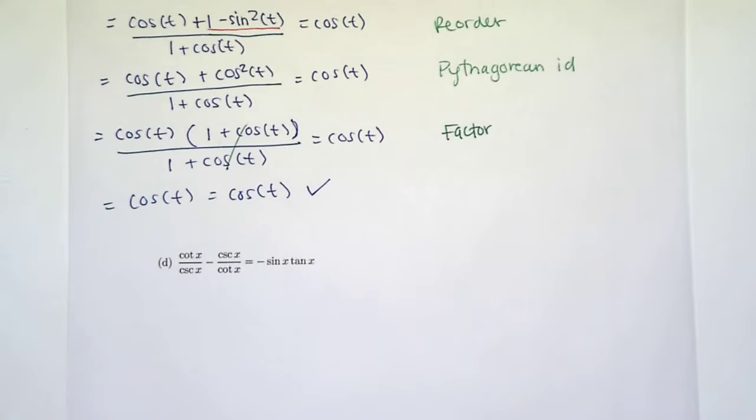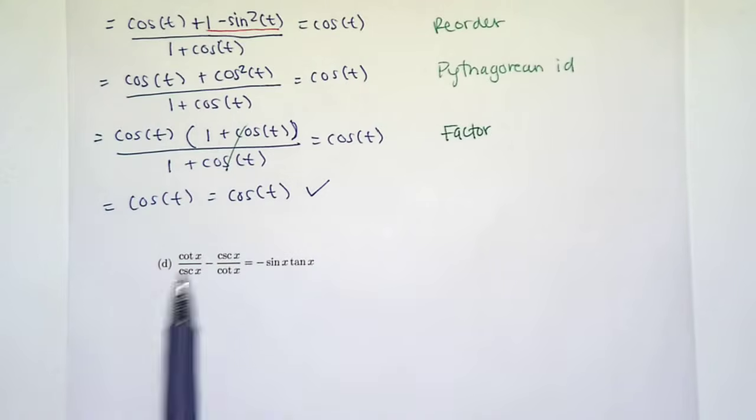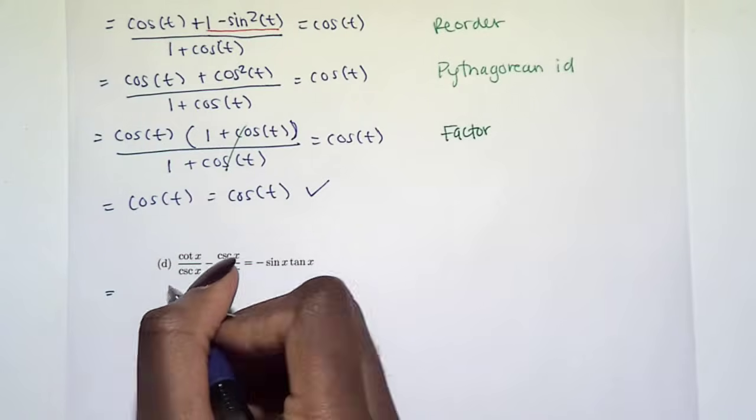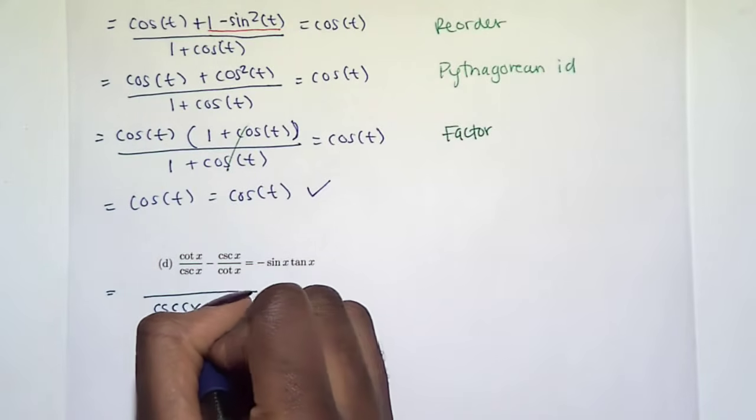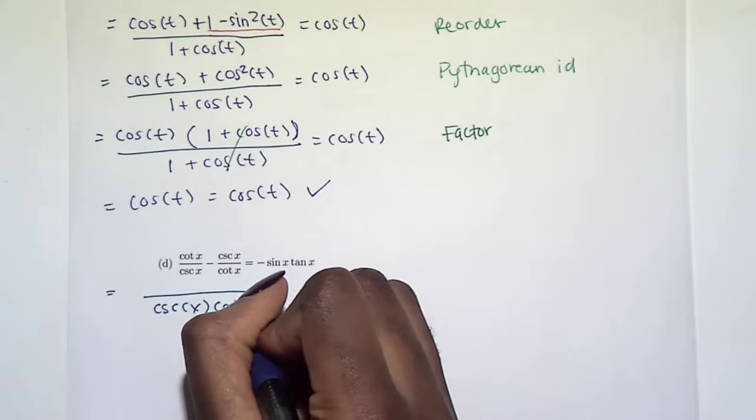All right, got cotangent of x over cosecant of x minus cosecant of x over cotangent of x equals negative sine x tangent x. Okay, all right, let's work on it. So working on the most difficult side, which is usually the left-hand side. My first step is I see two fractions being subtracted. I want to get a common denominator. So I'm going to get a common denominator of cosecant x times cotangent x.